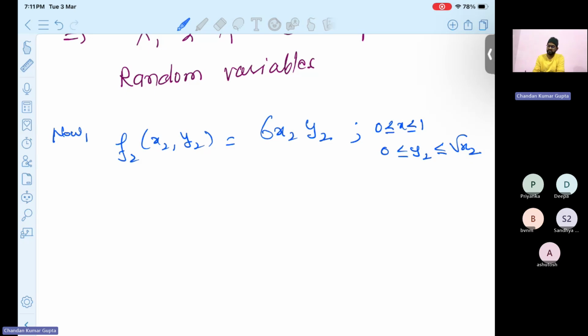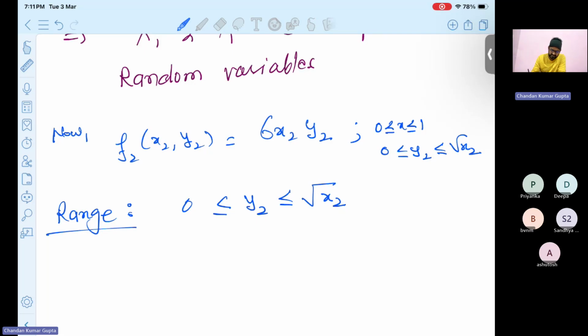Here y2 squared is less than or equal to x2.